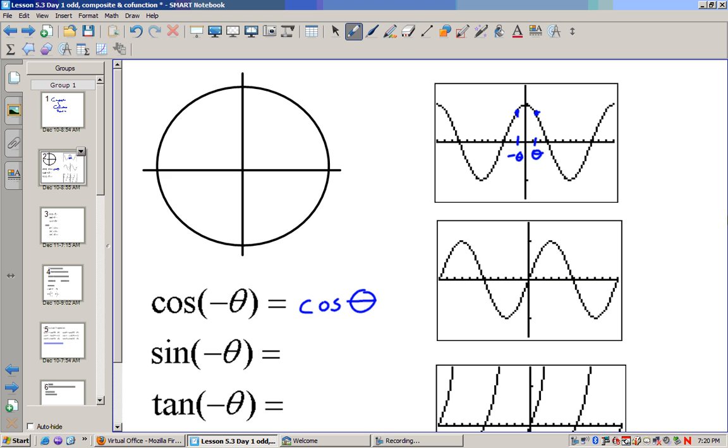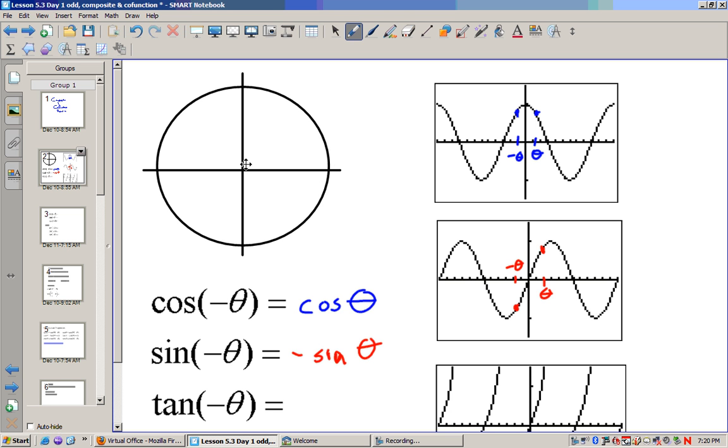Now when we move to sine, say this is theta and this is negative theta, the y values are not the same values. They're actually the negatives, or the opposite. So it would be negative sine of theta.